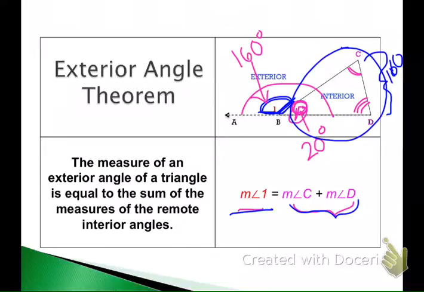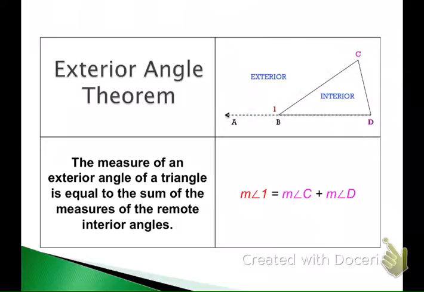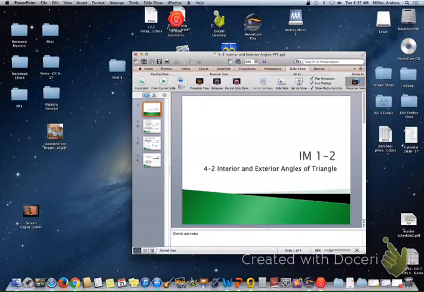Now, today we can actually use the exterior angle theorem to help us find some missing angles. Okay, so that's what we're going to be doing in our notes examples today. Okay, does anyone need more time writing anything that's up there? No? Okay. All right, so let's take a look at doing some examples together.